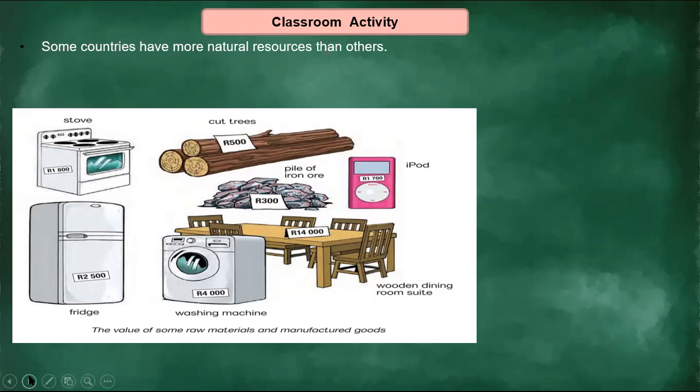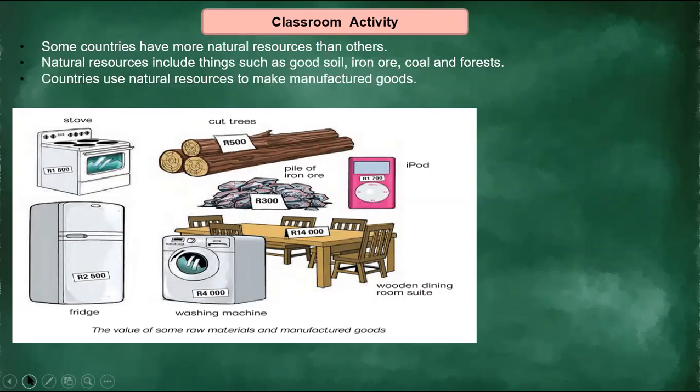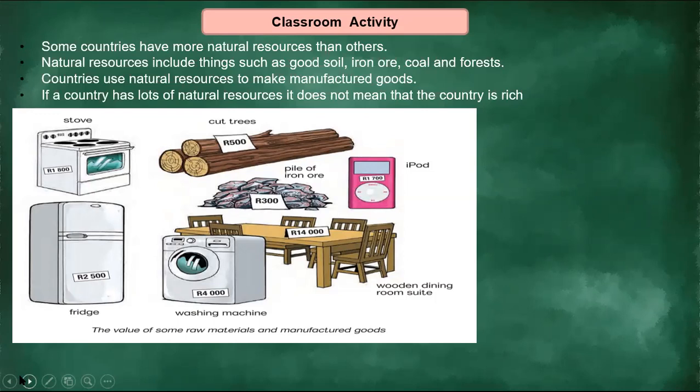Some countries have more natural resources than others. It's a reminder. Natural resources include things such as gold, iron ore, coal, and forest. Okay, countries use natural resources to make manufactured goods. All right. If a country has a lot of natural resources, it doesn't mean that they are rich.